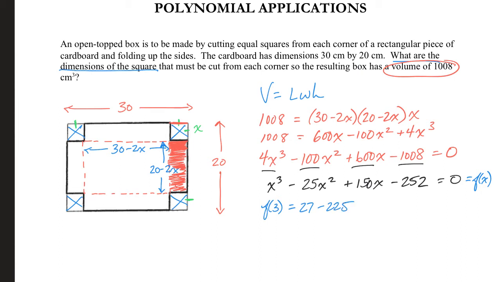If I multiply 150 by 3, I get 450. And if I subtract off my 252, you might see that that actually gives us a 0. We love that 0 because now that's what allows me to say that x minus 3 is a factor. And there we go.